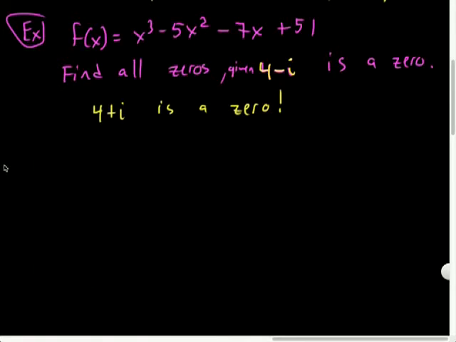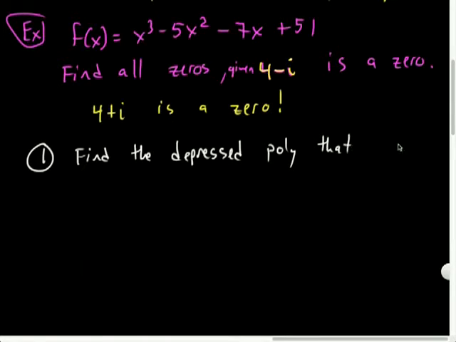Here's my setup. Step 1, find the depressed polynomial that has those as its zeros, the complex zeros. And that's going to be an interesting little maneuver.